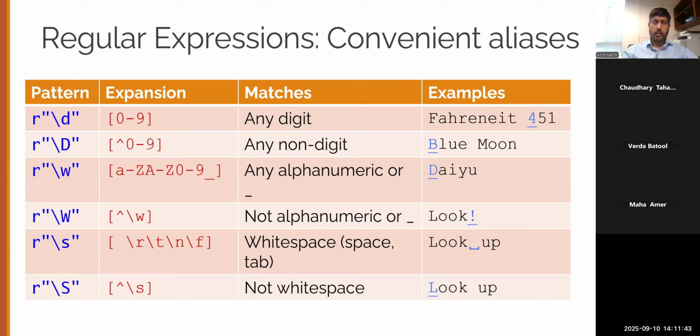So the backslash d would match any digit. And the backslash capital D would not match any digit, 0 to 9. So in other words, you can write this in other ways as well. For backslash small d, you can write it as square brackets 0 to 9.